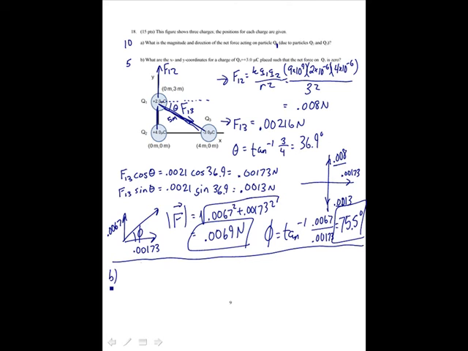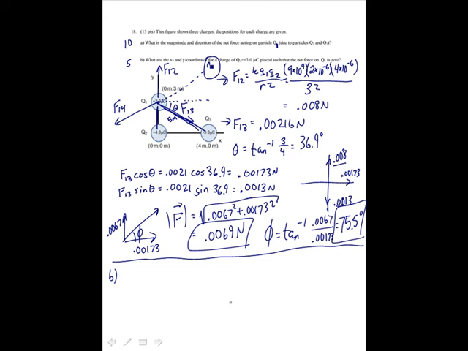Part B, you're supposed to find the coordinates for a fourth charge placed such that the net force on Q1 is 0. So I want to place a fourth charge that will balance out these forces. I want to place it such that the force F14 is in that direction, so I'm going to have to place this charge up here.